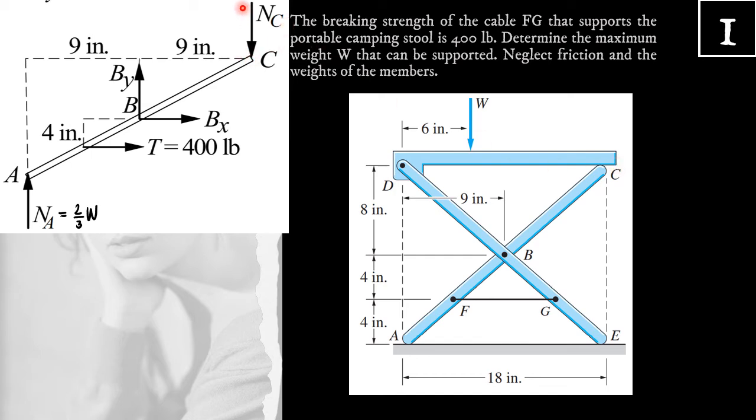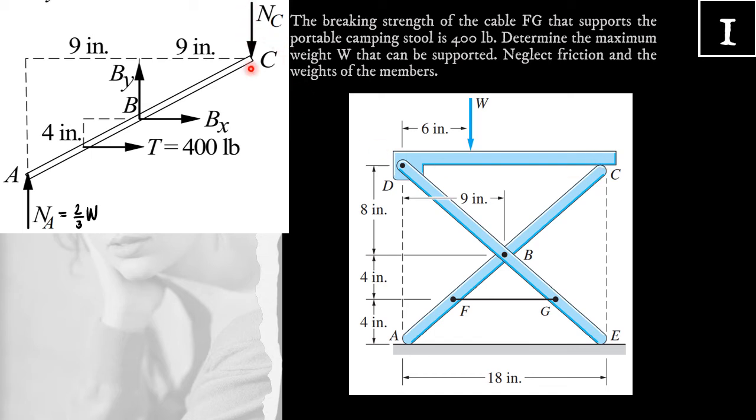You will notice that its direction here is downward. Why? Because by law of action and reaction, if at member DC, NC acts upward, in member ABC, NC acts downward.